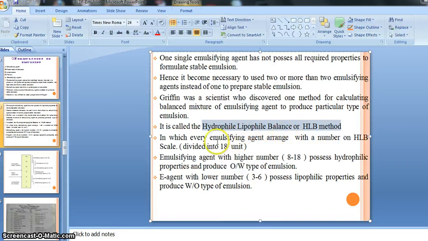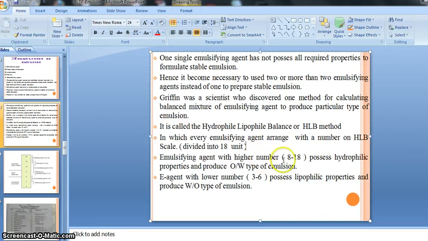So this scale possesses 18 units, meaning the scale is marked from 1 to 18.